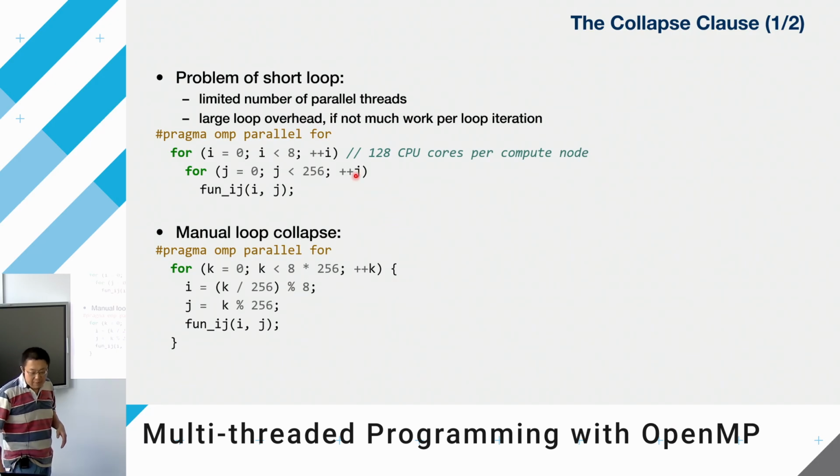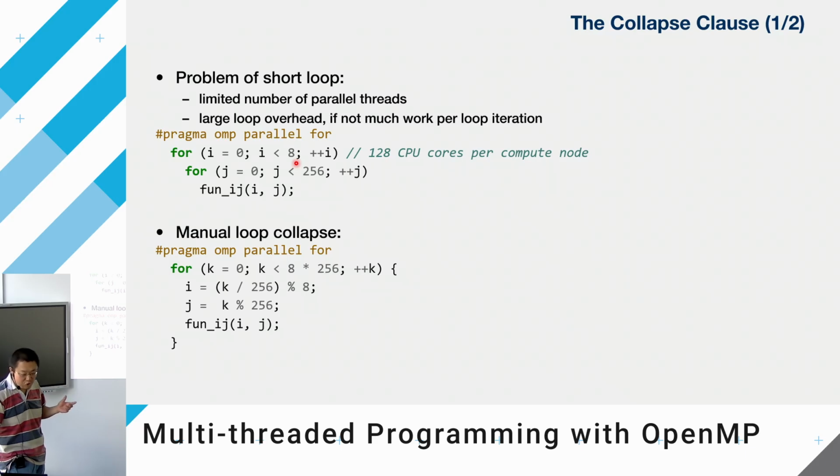And maybe in your code, you may have, let's say, some very short loops. For example, a loop of only 8 iterations, right? Think about Noctua 2. One compute node has 128 CPU cores, but here you only have 8 iterations. If you do parallelization for a very short loop, this is not really useful, right?